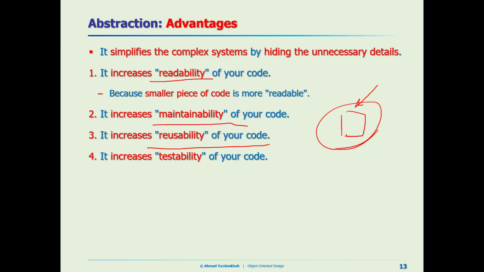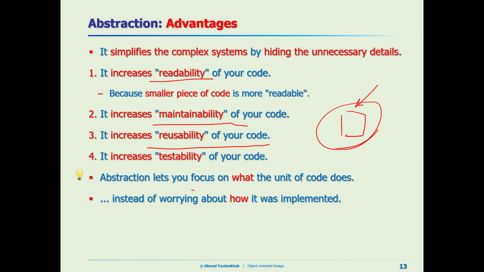So in abstraction, when you abstract the code, it gives you the ability to focus on what the code is going to do, not how, right? When, for example, you create a method here, from now on you can reuse it, and you don't need to care about how it was implemented.